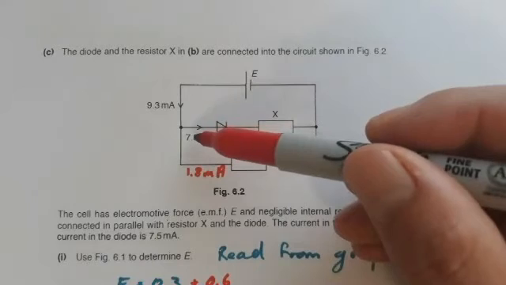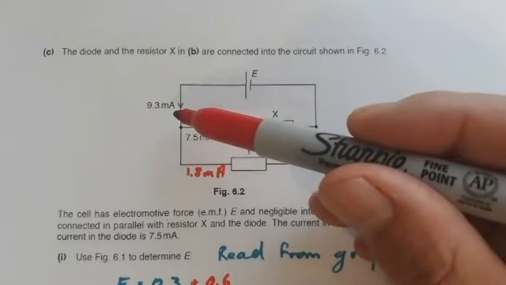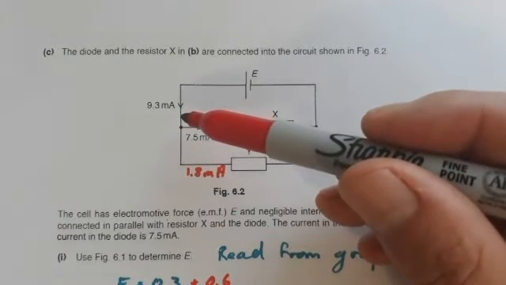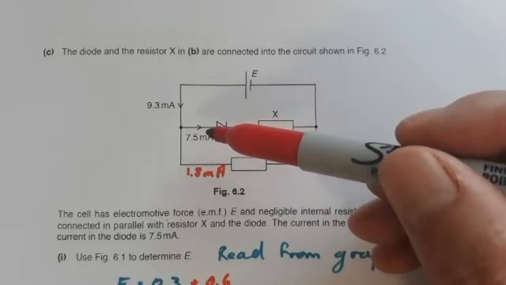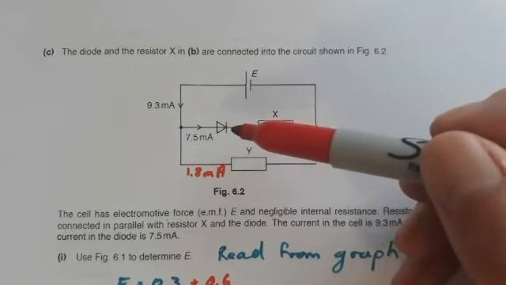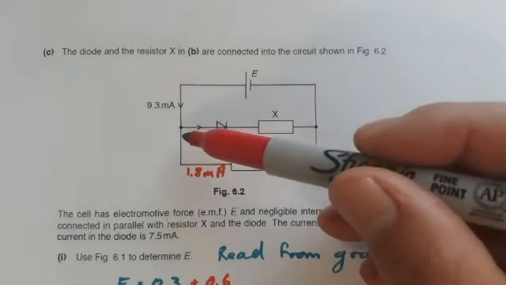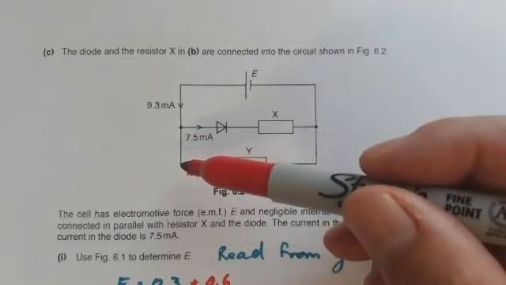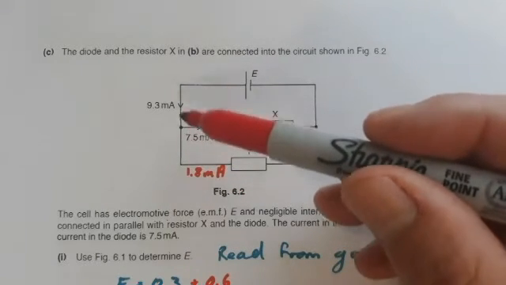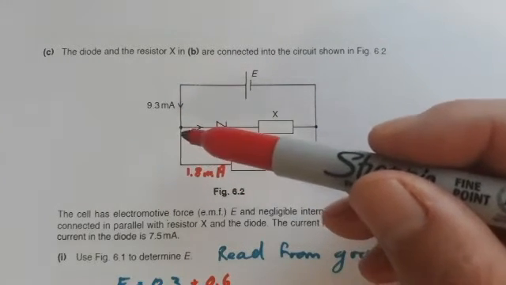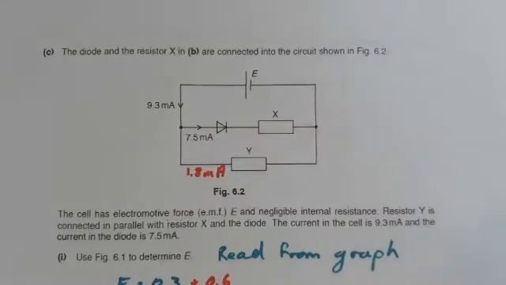Here we go. So if my current in the mainstream is 9.3 milliampere, this current is 7.5, and this, it splits up and it is 1.8 milliampere in that. Remember, into the junction equals the sum out of the junction.